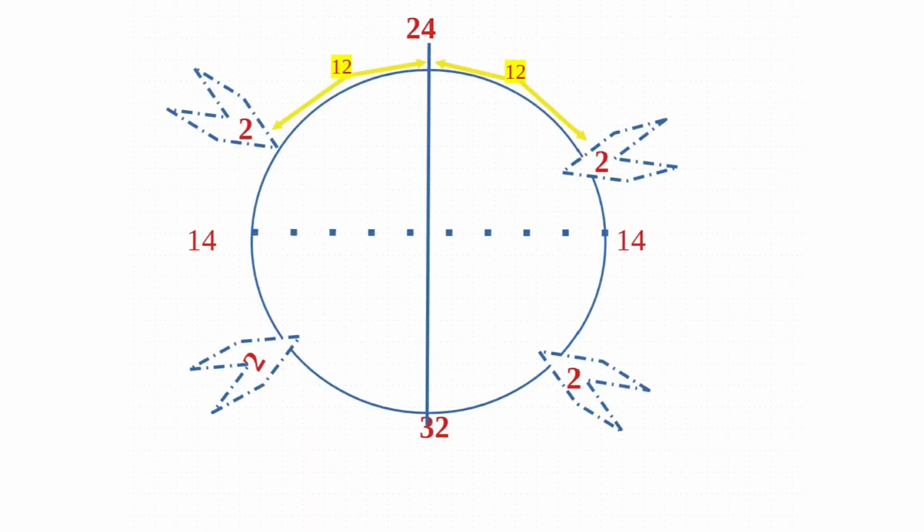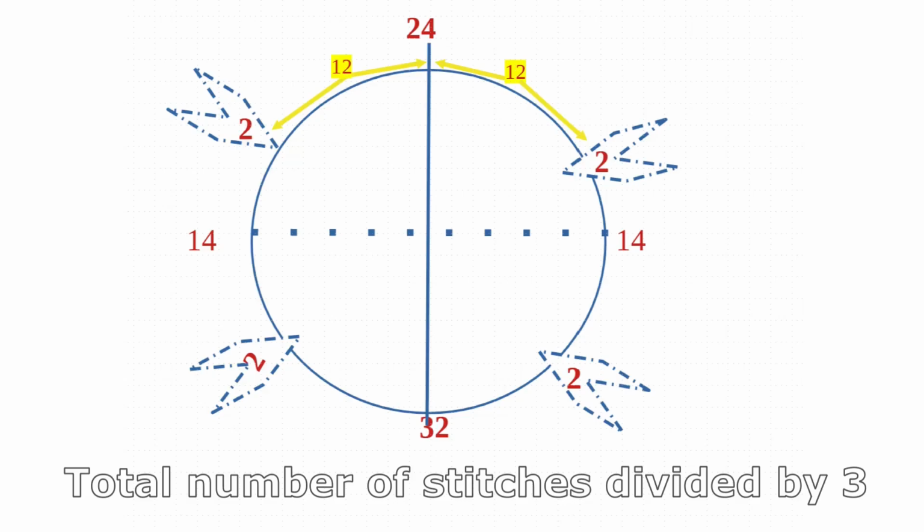I will show you in a while. The first thing we will do is to divide the total number of our stitches by 3. We are going to use 1/3 for the front part, 1/3 for the back part, and 1/3 for the two sleeves, meaning that we are going to divide this 1/3 into 2 parts.